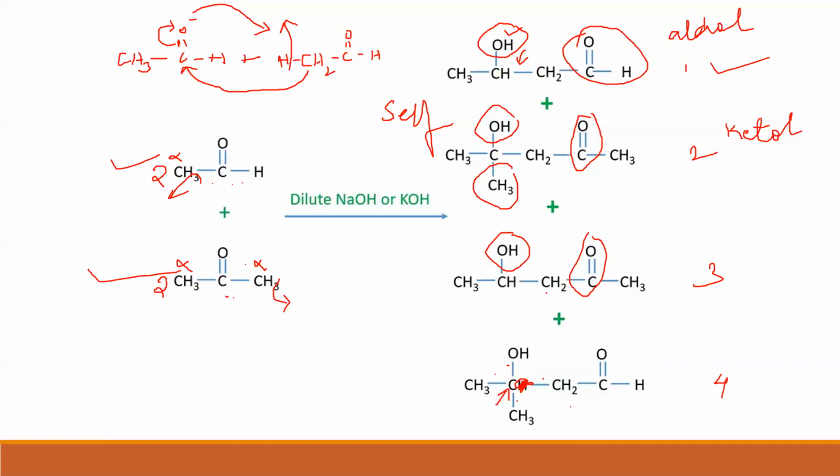Whereas product 3 and product 4 are obtained when 1 mole of acetaldehyde reacts with 1 mole of acetone. Depending upon where the hydrogen is removed, you get two products. Such reaction is called crossed aldol. Clear? So now do you understand the difference between self-aldol reaction and a crossed aldol reaction? All right, good.